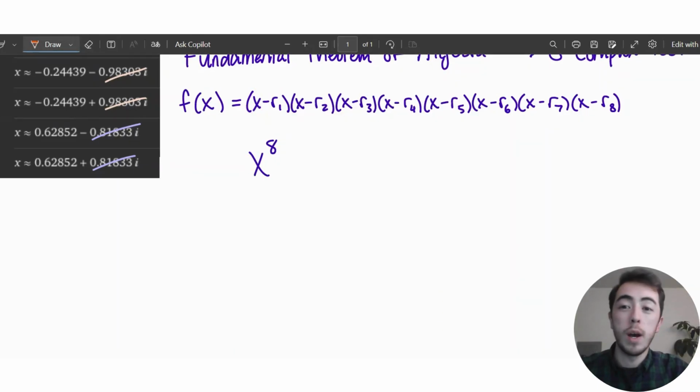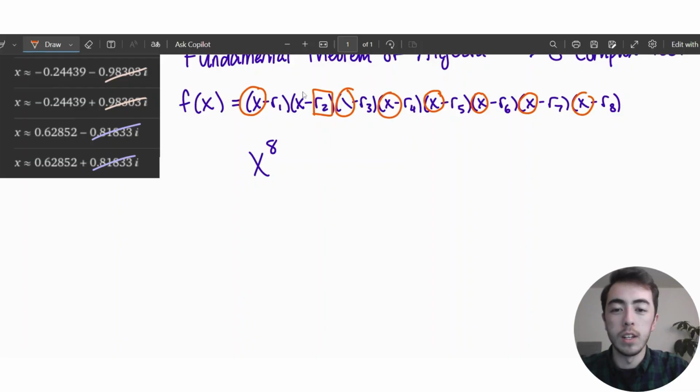To get a term with x to the power of 7 in it, I'll have to go over all of these different factors, and at some point, I have to choose not an x. And then I got to choose all of the other x's, and eventually I will have 7 x's all multiplied times a negative of one of the roots. Now, it's kind of arbitrary that I chose r4 right here. I totally could have picked like r2 along the way and then taken these x's here and here.